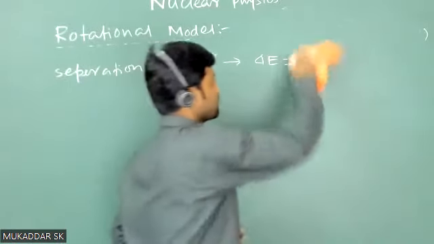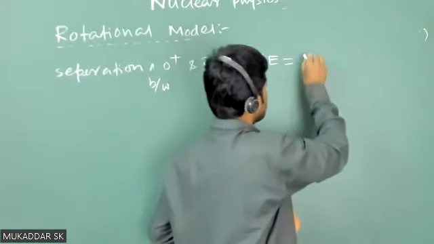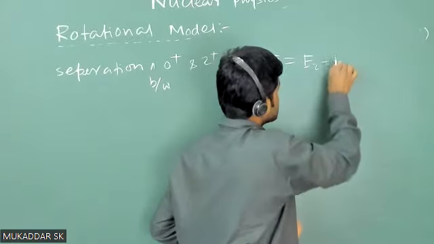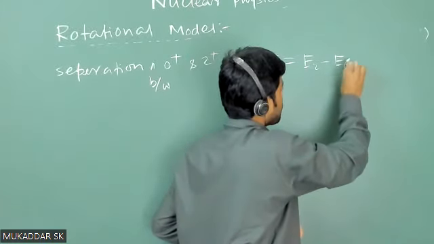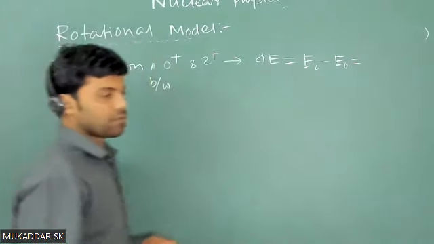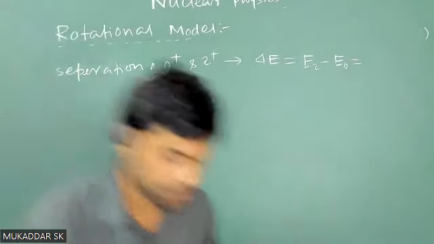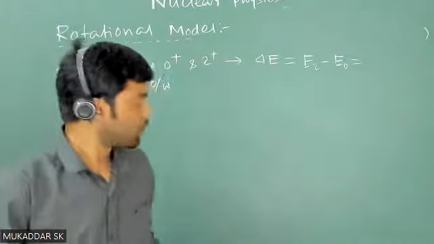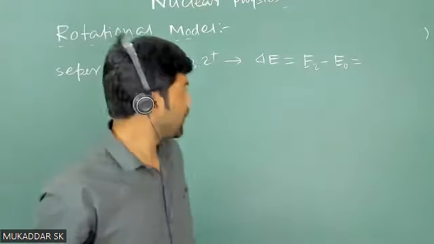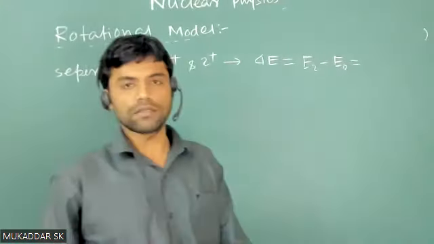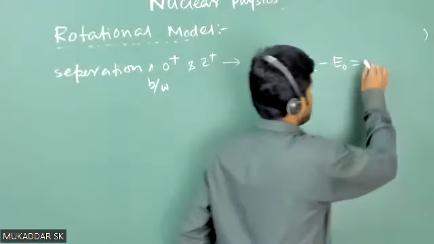You can write it like this: separation between 0 plus and 2 plus is nothing but E2 minus E0. How much will E2 minus E0 be? That will be 3 h cross square by I. 2 into 3, that is 6, so 3 h cross square by I. Very good.